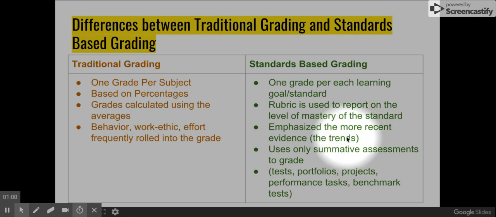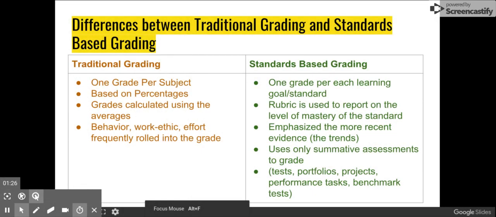We're going to start looking at trends and how the student is performing on the standard most recently. In the traditional grading system, you will notice that effort, behavior, and work habits are frequently a part of the grade. Well, not in standards-based grading. In standards-based, we're going to look at tests, portfolios, projects, and performance tasks only. We're going to use the summative assessments.